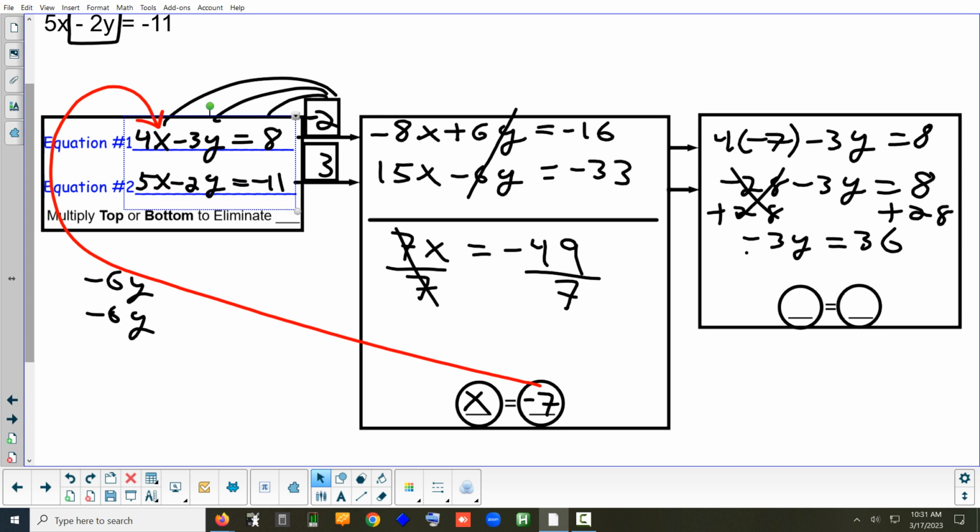Negative 3. And do you know what that's going to come out to? Negative 12. Yep. So once you pick these two numbers and you figure that out, I think that's the hard part. And then the rest of it is the same as always.